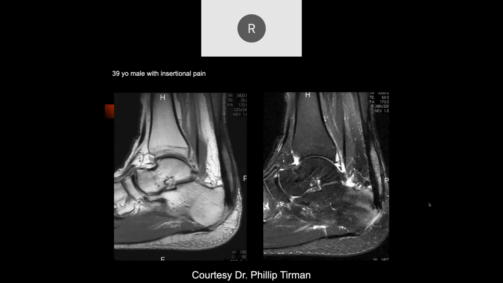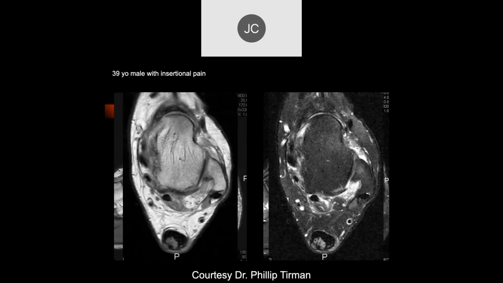All right, so we have a 39-year-old with insertional pain, and again, looking at that distal Achilles tendon, there's some intermediate signal there. Again, I'd be concerned for gouty tendinopathy. It doesn't look just like normal. This is very inhomogeneous, and then you also have a lot of insertional osteitis in this area as well. Notice how sharply defined this is.